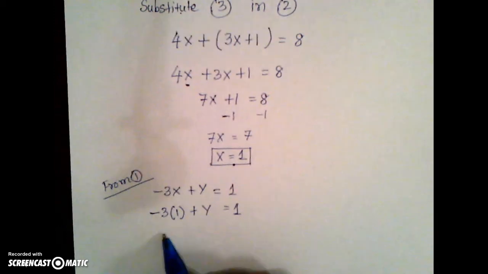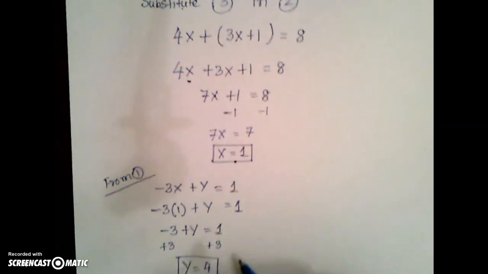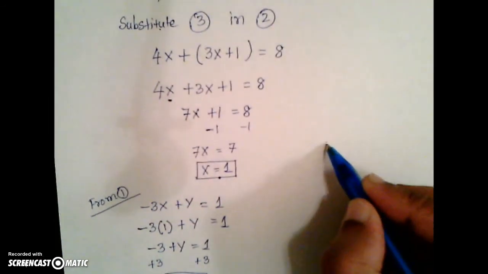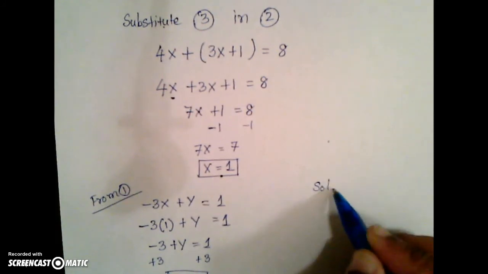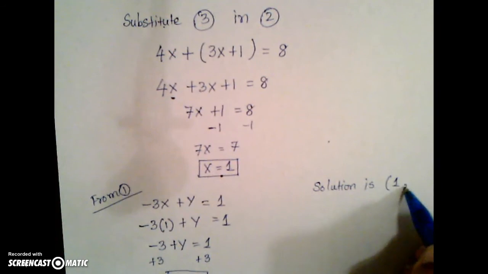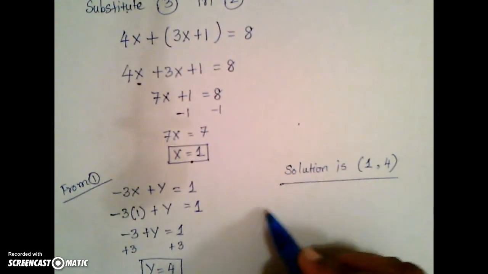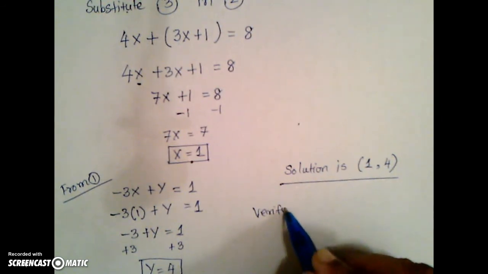Negative 3 times 1 is negative 3, plus y equal to 1. I'm going to add the 3. So I got y equal to 4. So my solution is (1, 4).